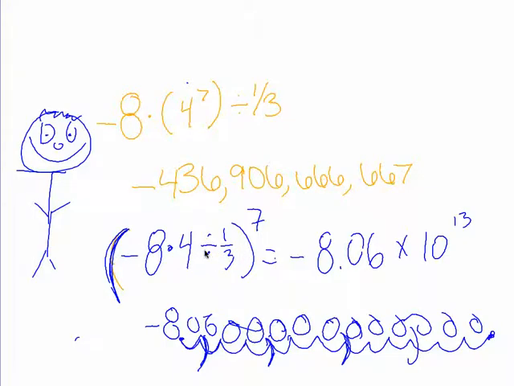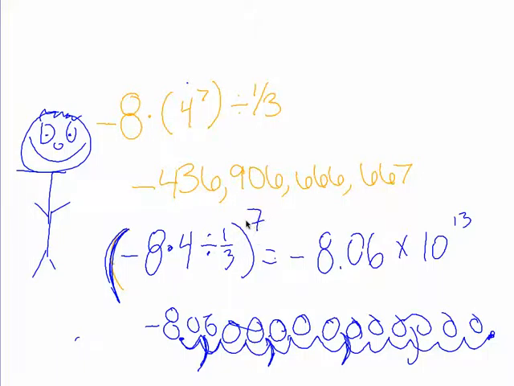Some brilliant soul in class, not sure who that could have been, Mr. Famke, came up with this number sentence. I included the -8 inside the grouping symbols. So I had -8 times 4 divided by 1/3, and I had all of that taken to the 7th.